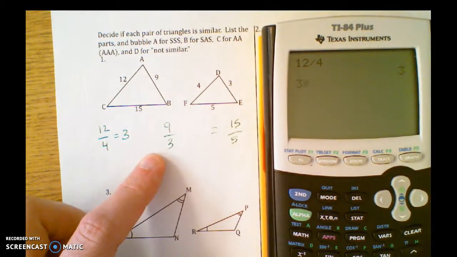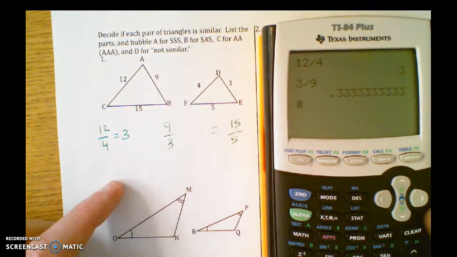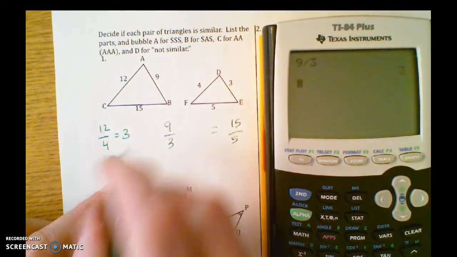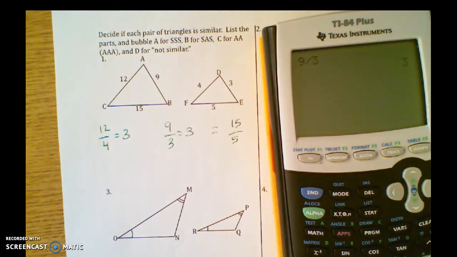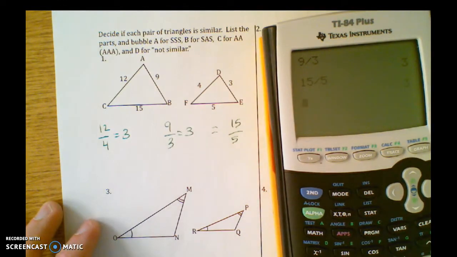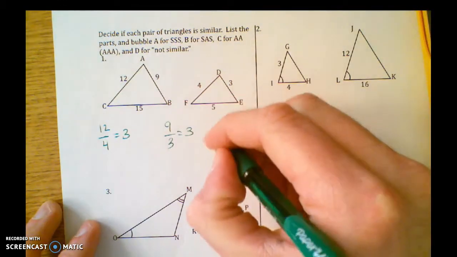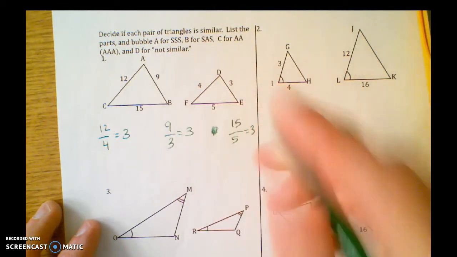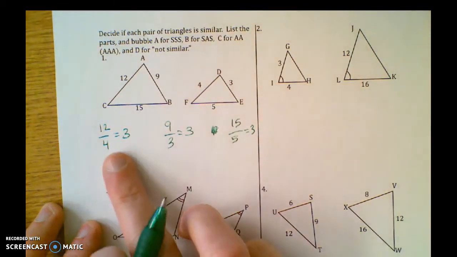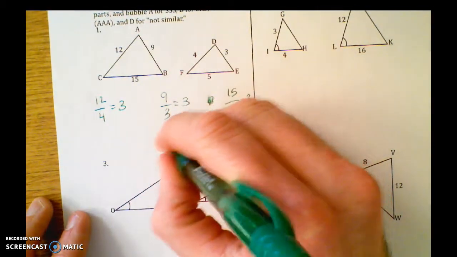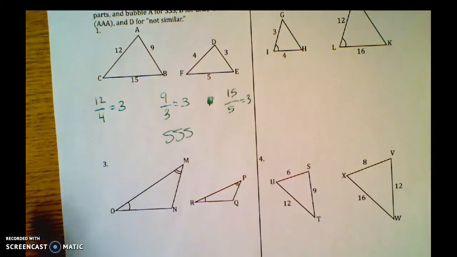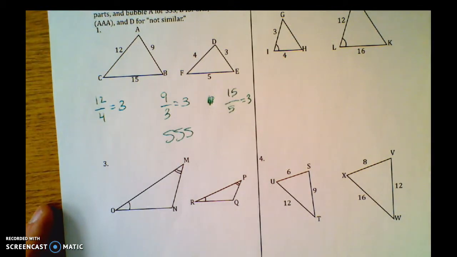Doing 9 divided by 3, you also get 3. And then 15 divided by 5 is also equal to 3. So because the ratios between the sides are the same, you can say this is similar by SSS. So then you would bubble in letter A on the bottom.